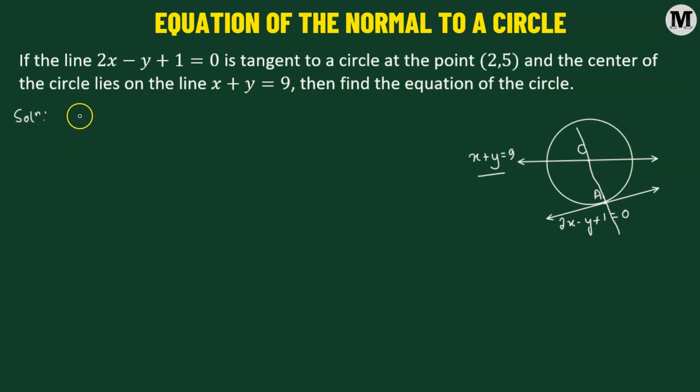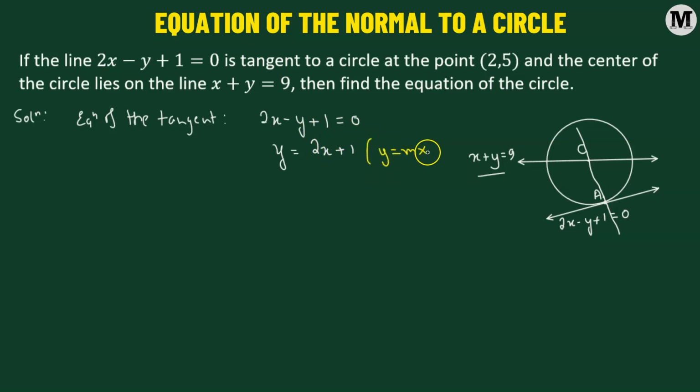We will start with the equation of the tangent line, which is given to us: 2x minus y plus 1 equals 0. Let's rewrite it as y equals 2x plus 1. Comparing this with the slope-intercept form, y equals mx plus c, our slope is 2.